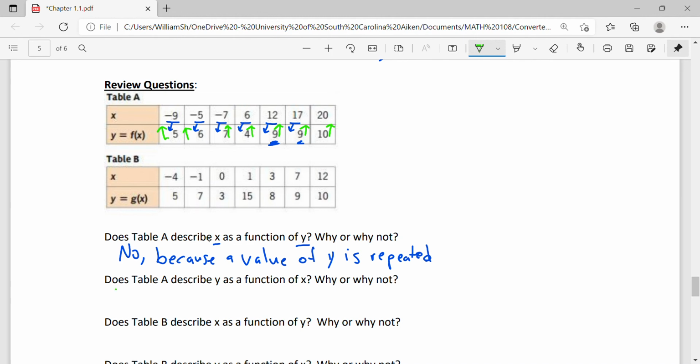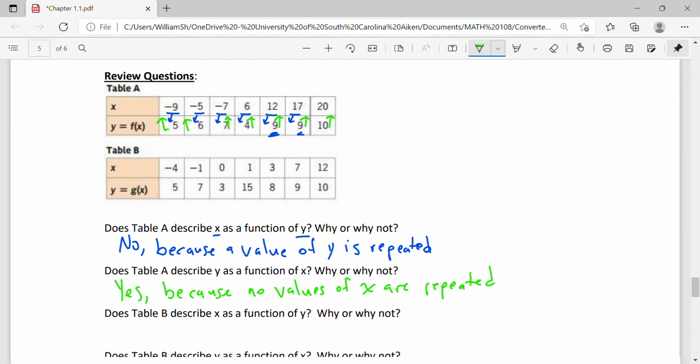So, yes, because no values of x are repeated. Okay, good to go on that one.